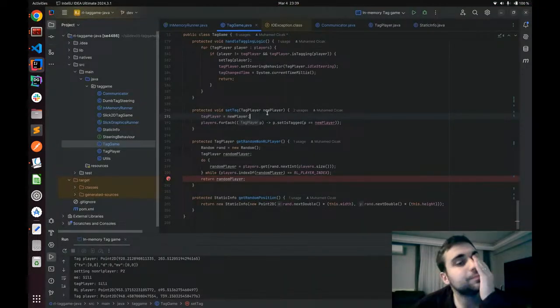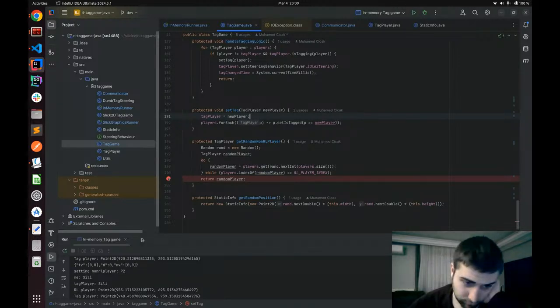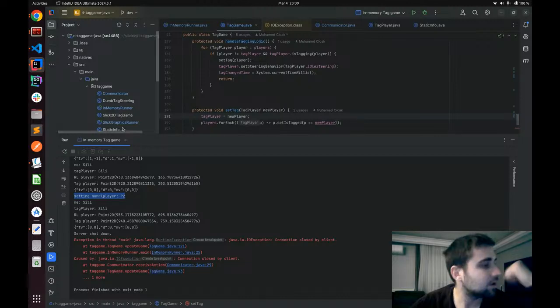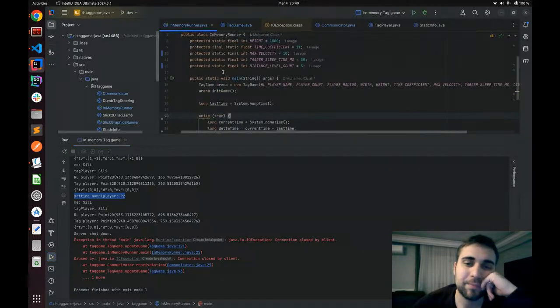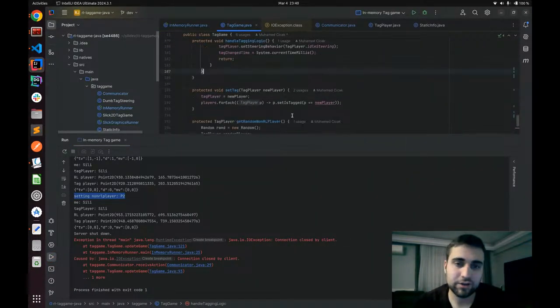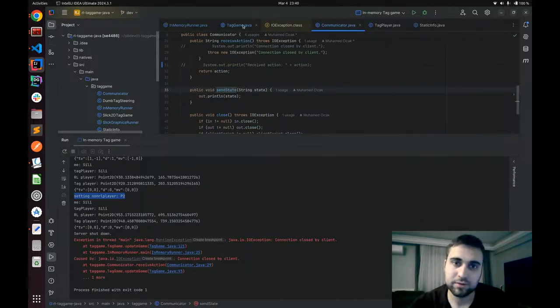What the fuck? Setting non-RL player P2. That's correct. Okay, I'll give that a shot too. So we're printing.